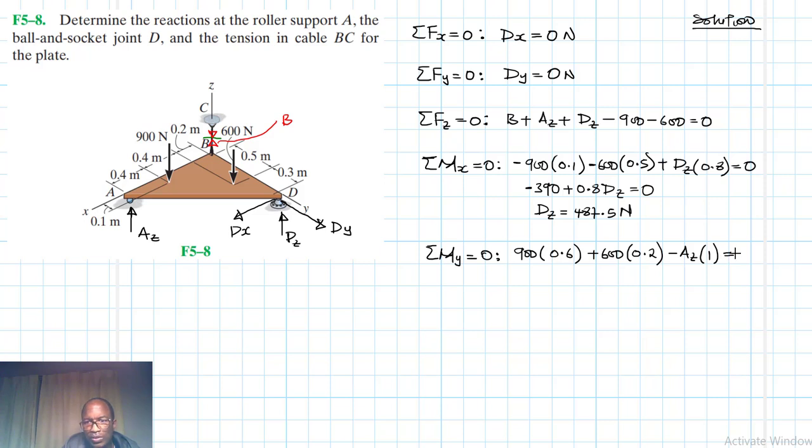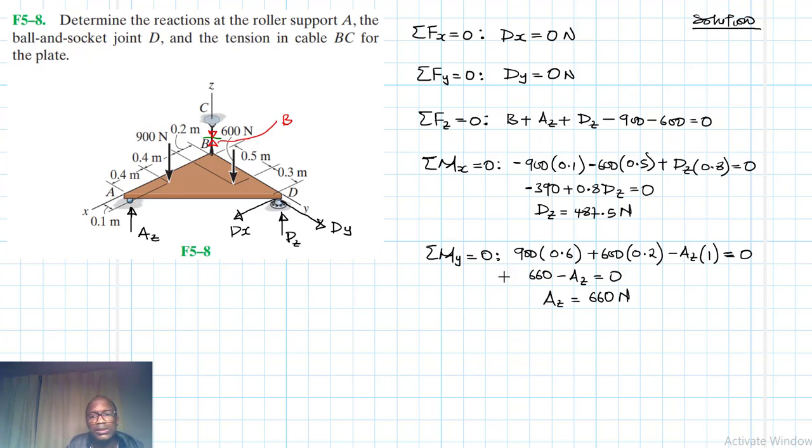So this equals 0. Simplifying further, we have 900 by 0.6 plus 600 by 0.2, which gives us 660 minus AZ equal to 0. Therefore, AZ is just going to be equal to 660 newtons.